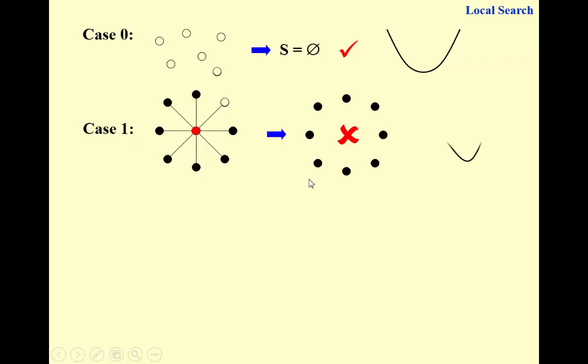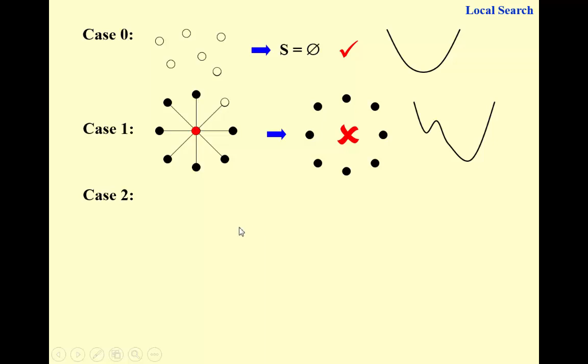So the situation is like this. We have one local optimum. So if we are not lucky, if we choose our initial point to be exactly here, then we are trapped here. There's no way to jump out to get the global optimum. All right, so that's case 1.